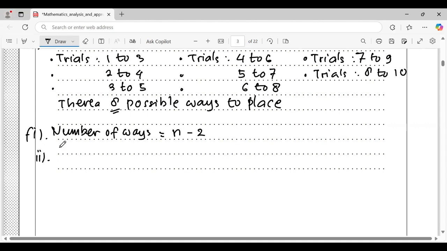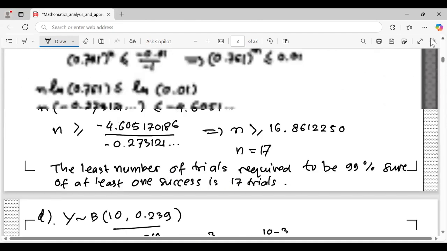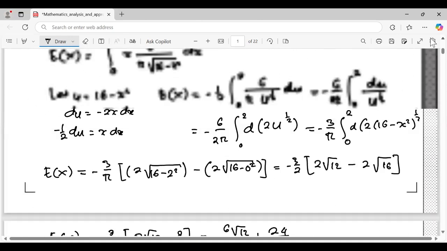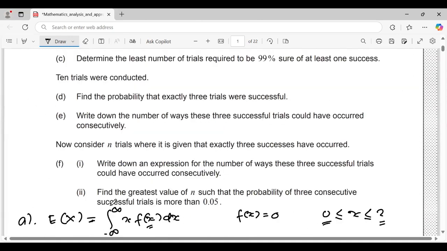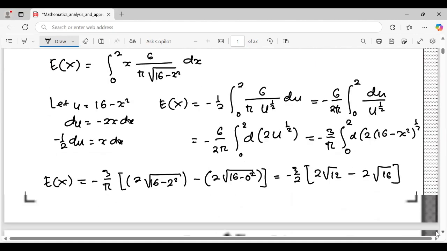The second, find the greatest value of n such that the probability of 3 consecutive successful trials is more than 0.05.